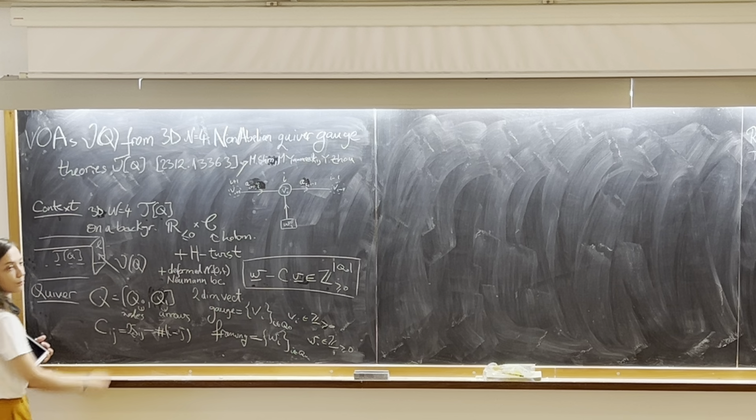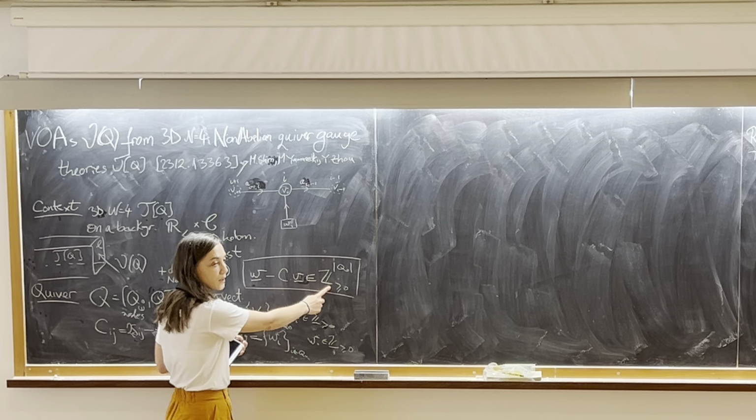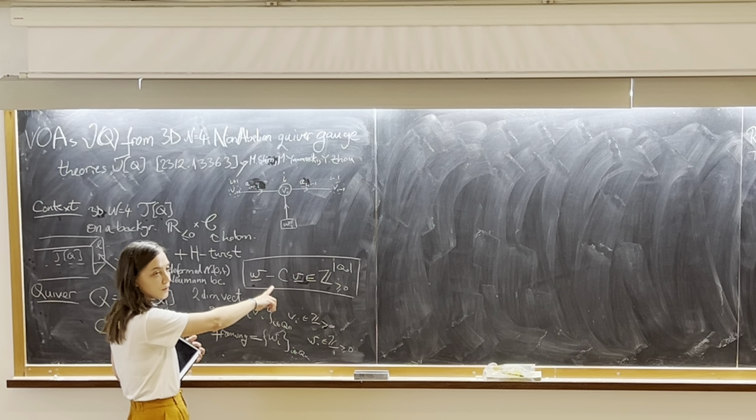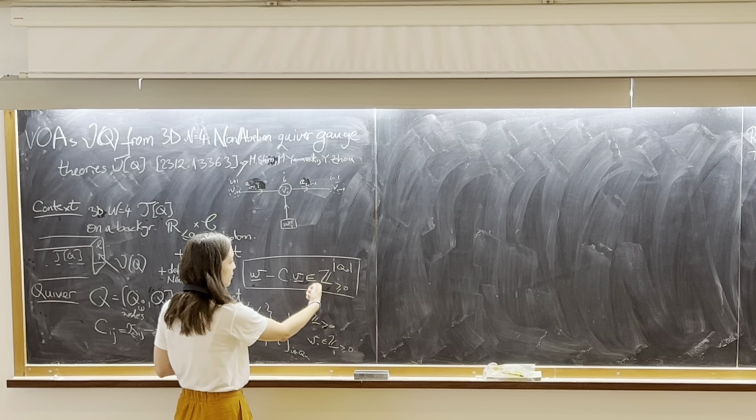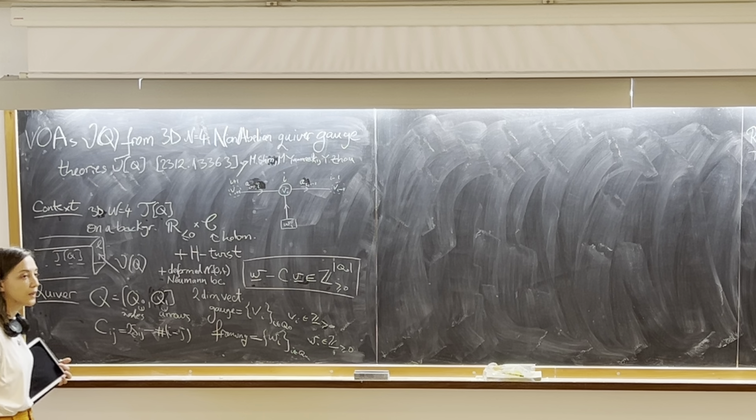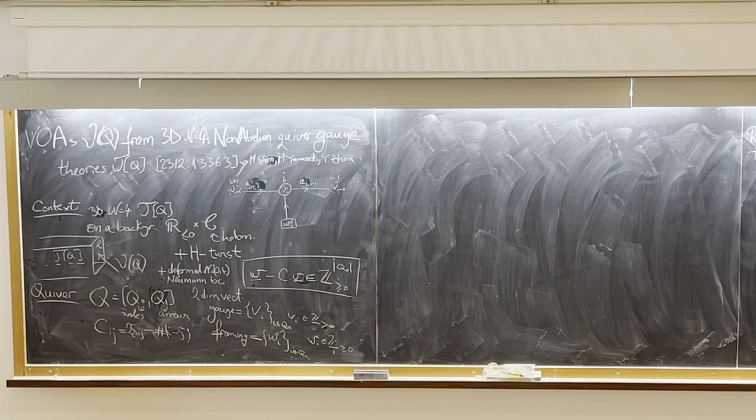This theory can have boundary gauge anomalies. If this is equal to 0, then the non-abelian boundary gauge anomalies vanish. If it's not equal to 0, they need to vanish by adding additional matter fields on the boundary, additional Fermi multiplets.